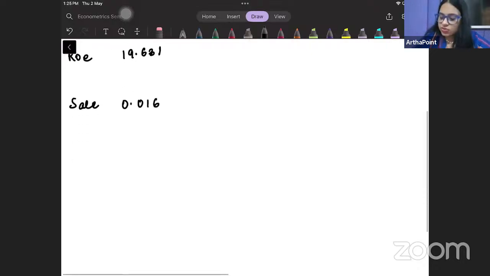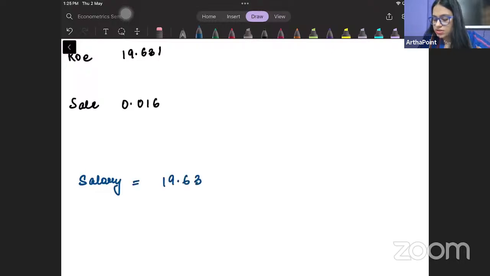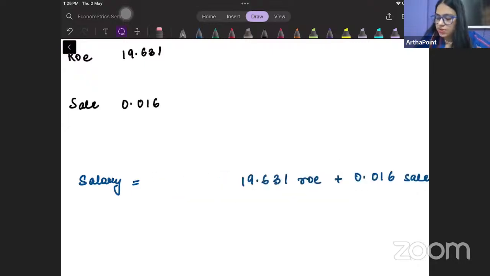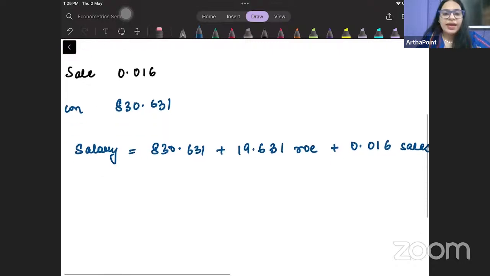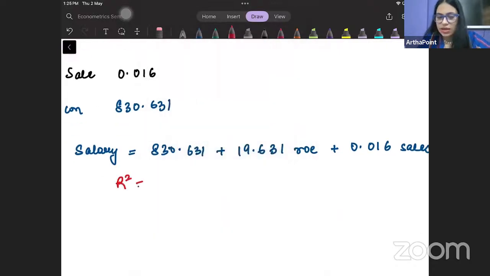So the model that we generated says that salary is equal to 19.631 ROE plus 0.016 sales. And the constant, beta, was 830.631. And you have got your R square as 0.029 and your adjusted R square as 0.020.